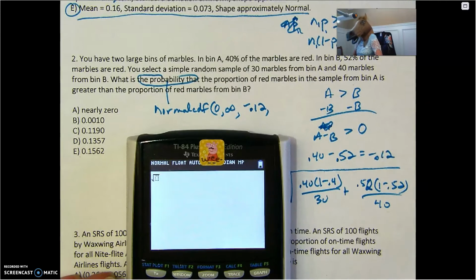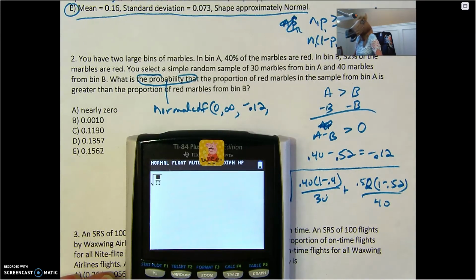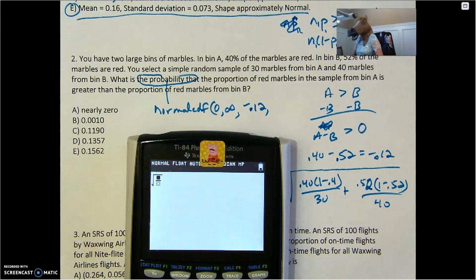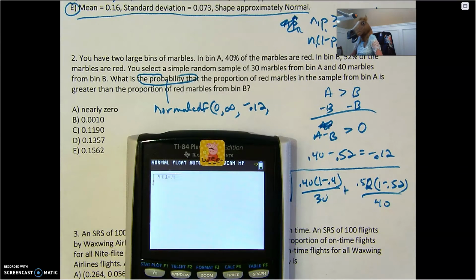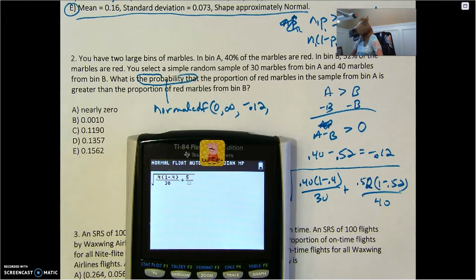All right, and then I'm going to use alpha y equals for my shortcut. 0.4, 1 minus 0.4, all over 30. Plus alpha y equals 0.52, 1 minus 0.52, all over 40.